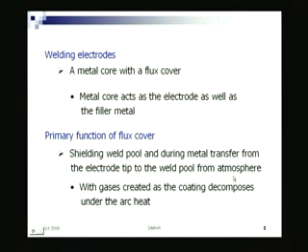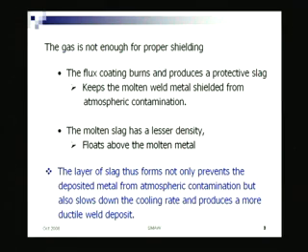That means that molten pool has to be shielded as well as the arc column has to be shielded, because metal transfer is taking place, as I have already said. That arc column shielding is provided with gases created. From where are they created? By the coating: the flux coating burns and decomposes under the arc heat and produces the necessary shielding environment.